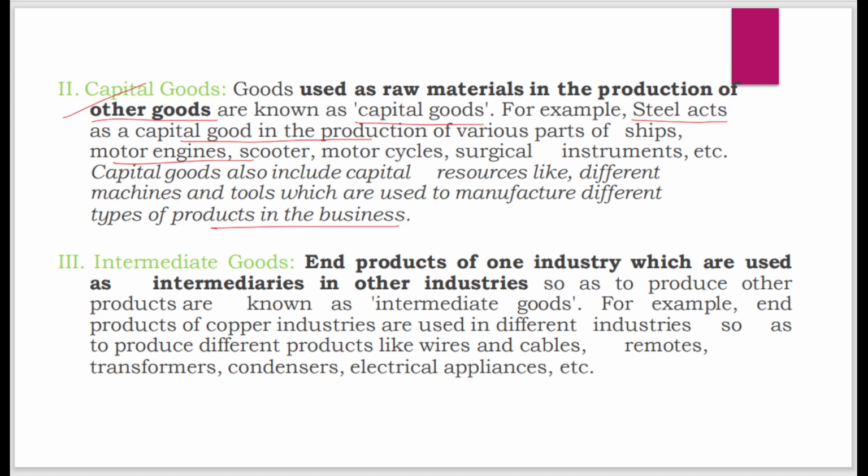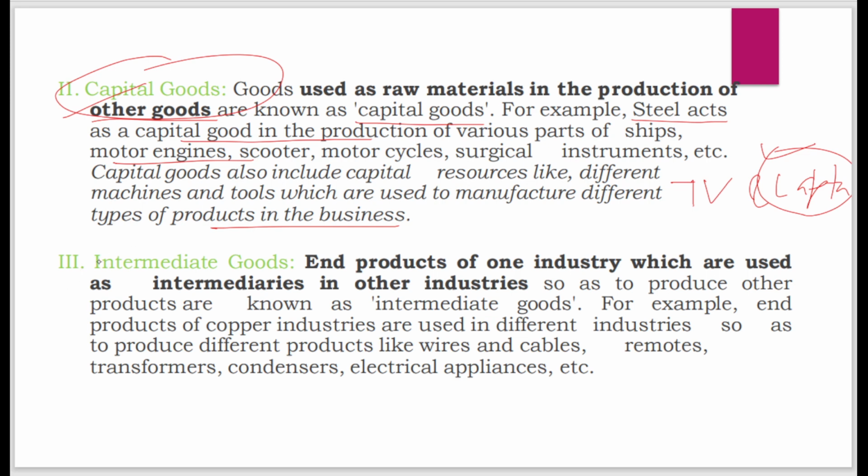For example, if you are making a laptop, you need a machine through which you can make it. That machinery comes under capital goods. There are many examples in this category.